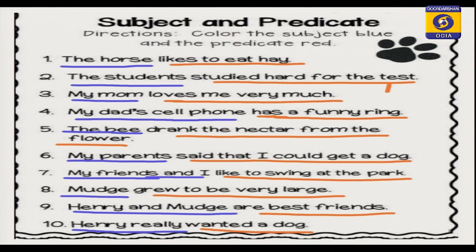Henry and Max is the subject, are best friends is the predicate. Henry really is the subject, wanted a dog is the predicate. Are you clear? So this is easy, finding the subject and predicate in declarative sentences.